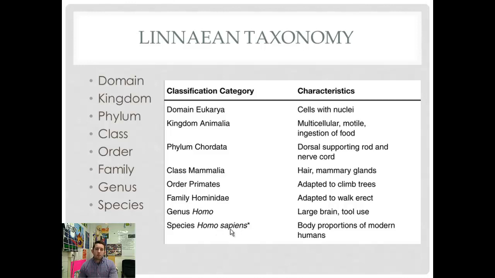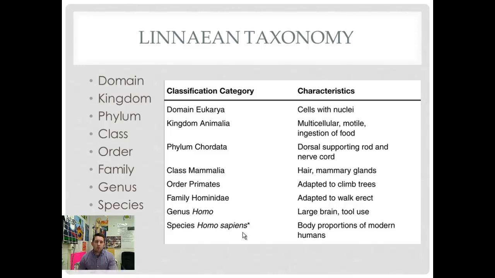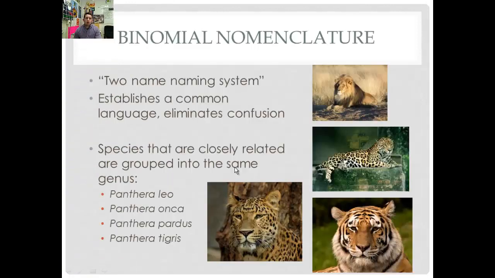Now this Homo sapiens, this is our scientific name, and Linnaeus came up with a method of naming called binomial nomenclature, literally meaning the two-name naming system. Now what's the purpose of that? Well, first of all, it establishes a common language, a common name for organisms, and it eliminates confusion.